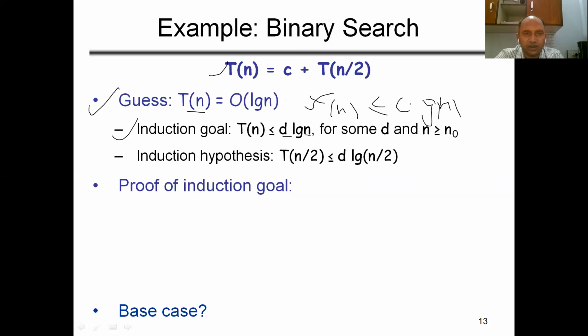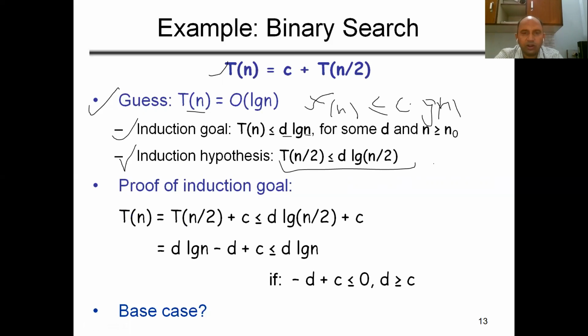Let us assume this relation will work for n by 2. So we can write this equation like this. Our induction goal is that we have the relation T(n) is equal to T(n/2) plus c. By replacing T(n/2) from this equation, we can write d log(n/2) plus c.